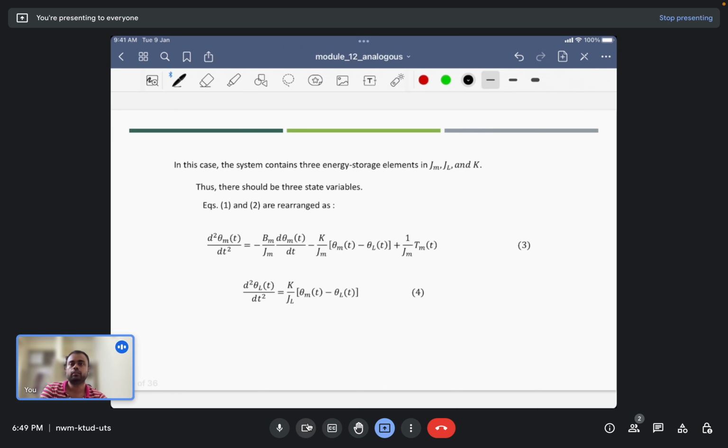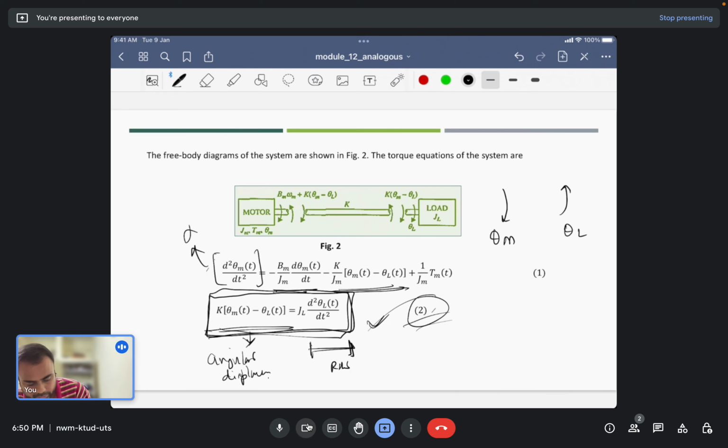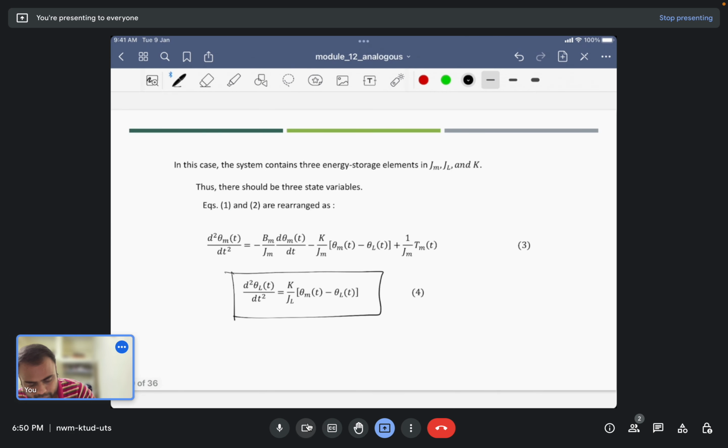In such systems where we have three storage elements, Jm, Jl and K, we require three equations to solve for such an arrangement. Equations 1 and 2 we are now rearranging to get 3 and 4. Equation 4 here is similar to equation number 2, just rearranged.